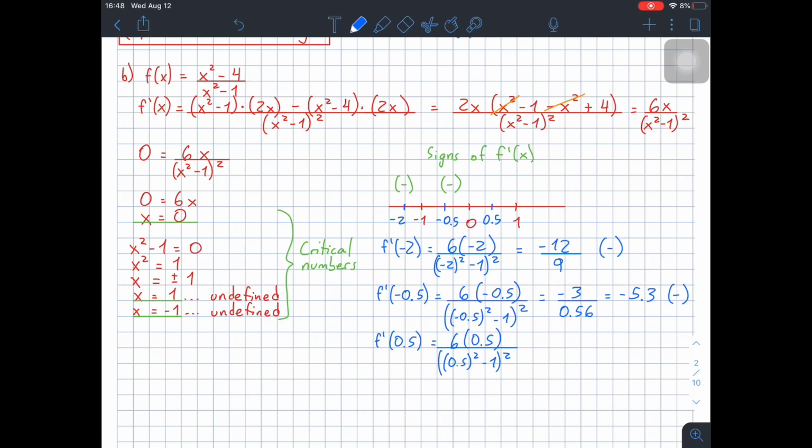If this was a negative value and the only sign that changes is this one, then this for sure must be a positive value, right? If you calculate this, you're going to get positive 5.3, and this is a positive value. So for this interval, we have positive sign.